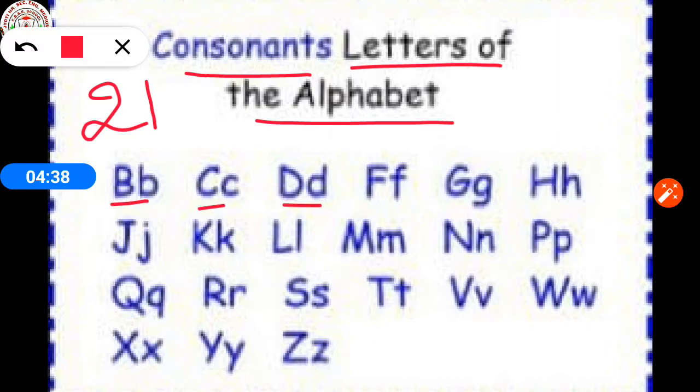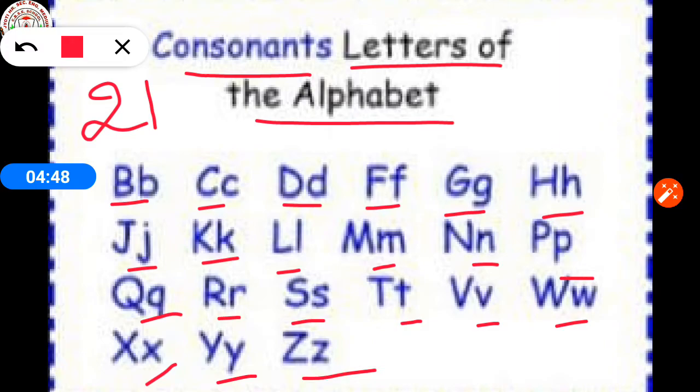That is B, C, D, F, G, H, J, K, L, M, N, P, Q, R, S, T, V, W, X, Y and Z. In the alphabetical series, these letters help to make different types of words for reading and writing language.